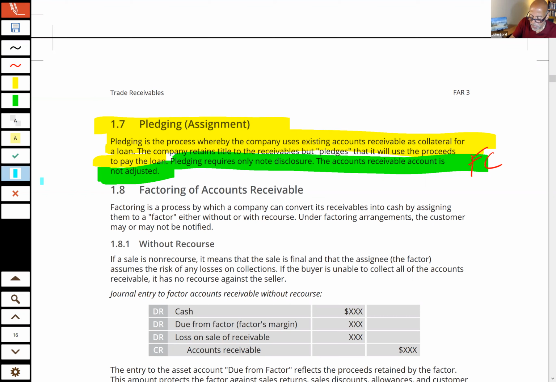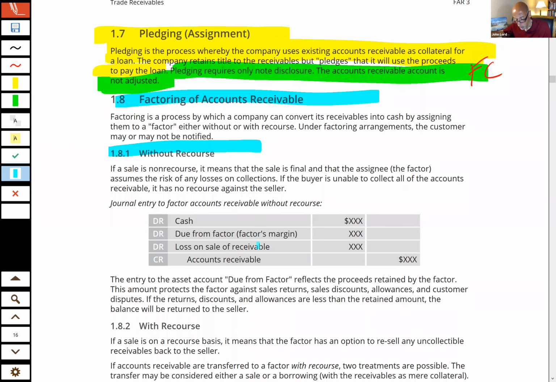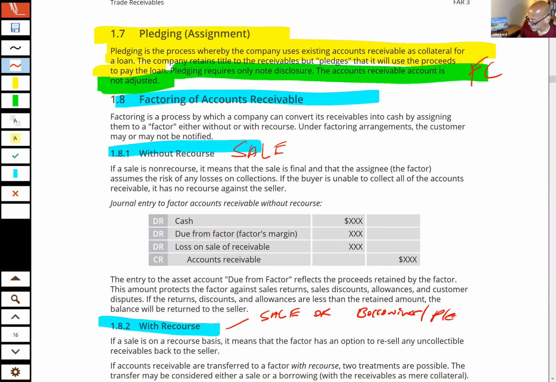There's like a lien on the receivables. Now, we could factor the receivable, okay? And we could factor without recourse or with recourse. Now, without recourse is going to be a sale. With recourse could be a sale or borrowing/pledging.